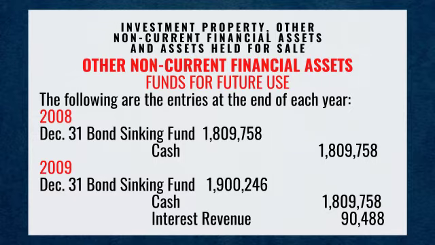The following are the entries at the end of each year. 2008, December 31st, debit bond sinking fund for 1,809,758 pesos. Credit cash for 1,809,758 pesos.